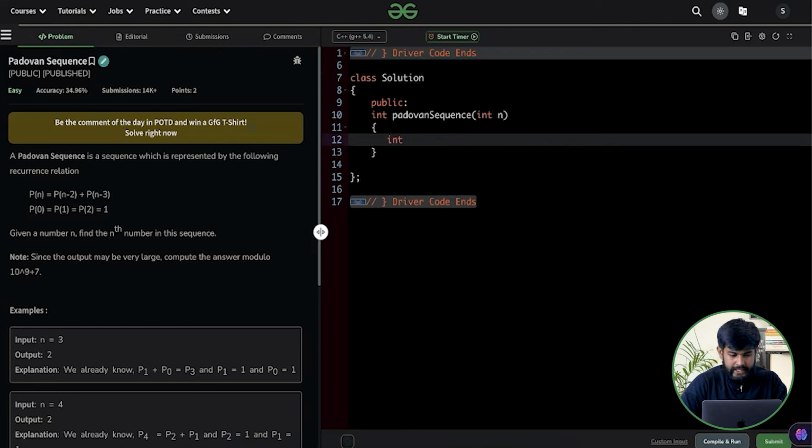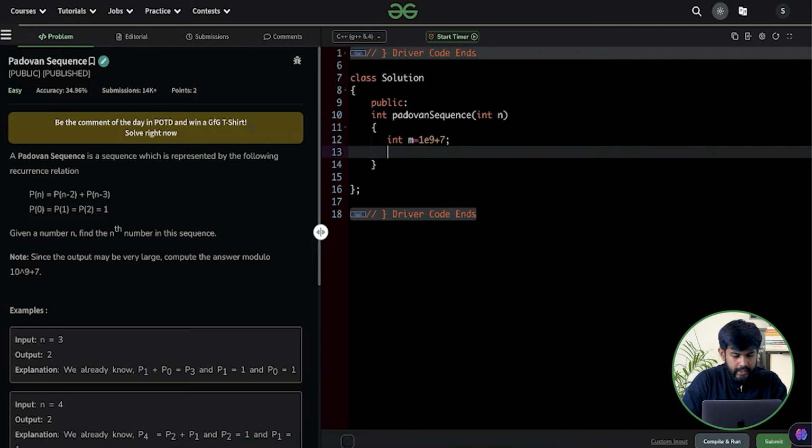So int m is equal to 1e9 plus 7. Okay, and then we would first be storing p1, that is the previous, the very first. So we need trailing values a, b, c, and this would be current.